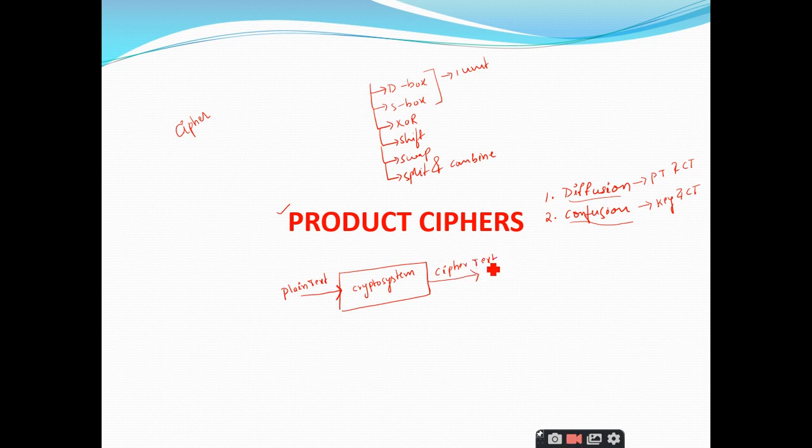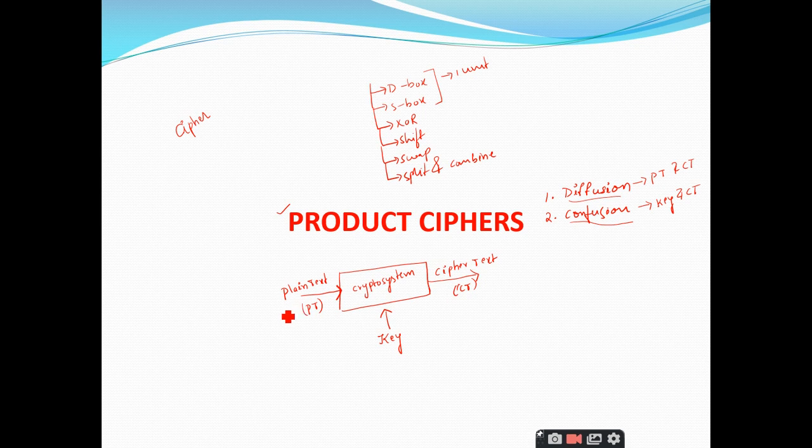Ciphertext. Ciphertext. So let us represent this plain text with PT and this ciphertext with CT. And other than this plain text and ciphertext, what is that we have in the encryption of a plain text to the ciphertext? Very important component. Key, sir. Key, sir. It is key, right?